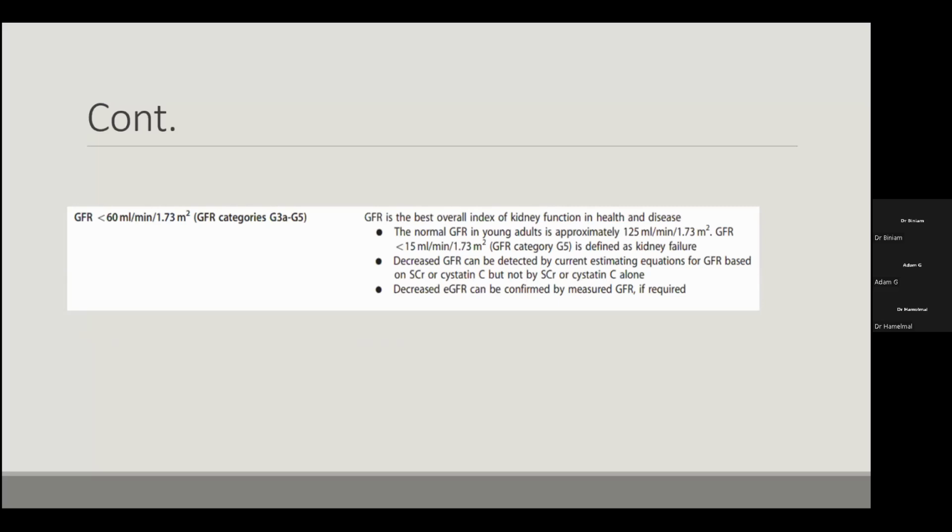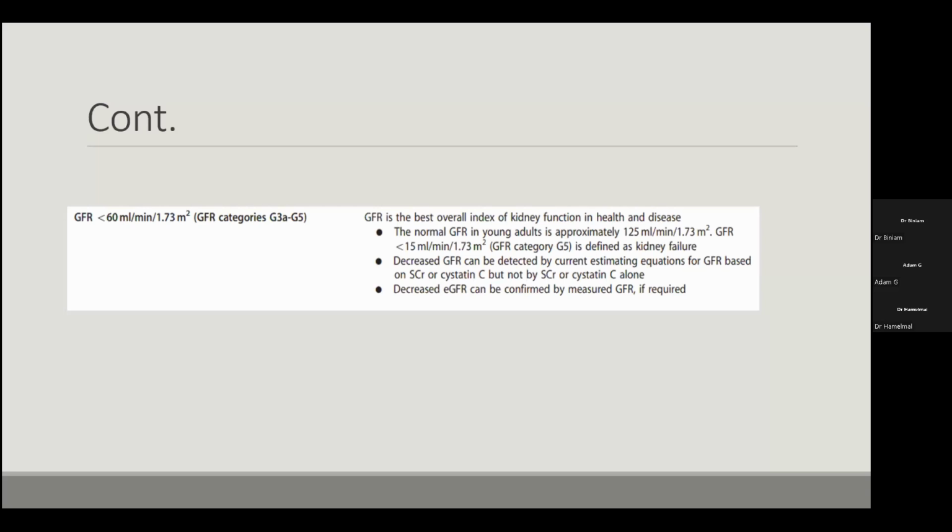Normal GFR is about 125. We say CKD when GFR is decreased by half, to around 60 or less than 60. The current estimating equations mostly use creatinine, but cystatin C can be used, not alone, but with serum creatinine.